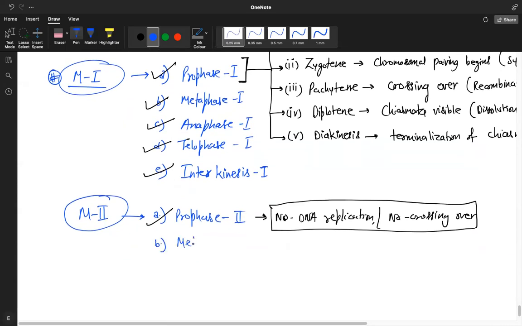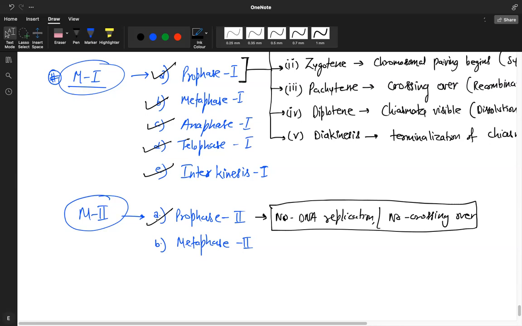Then comes metaphase 2. What happens in this? Same thing as mitosis. Chromosomes align at the equator, microtubules from opposite poles make the spindles, they come and attach to the kinetochores. But this time in meiosis 2, just like mitosis, they are attaching to the sister chromatids.